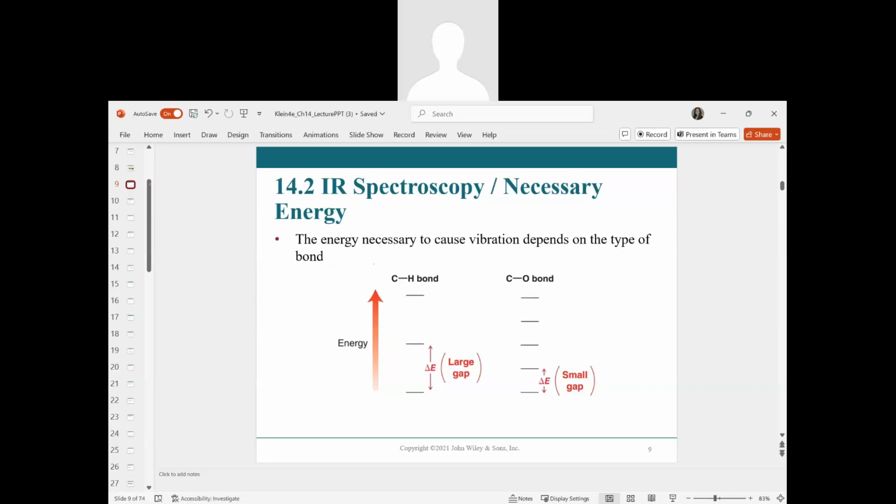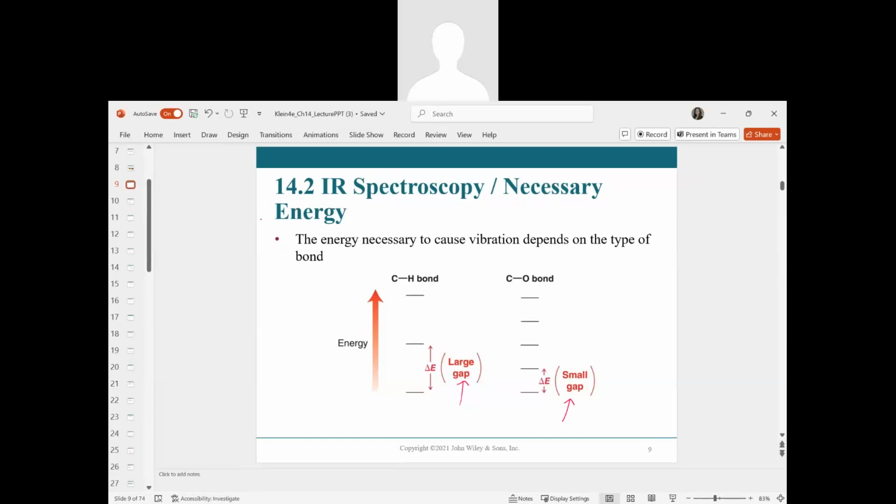So what we see here are representations of different energy levels, referred to as these energy gaps between the levels. What we have on the left-hand side is a carbon-hydrogen bond and the gaps between the different energy levels that exist, versus a CO bond, which has a smaller energy gap that would be needed to promote an electron to a higher energy state.